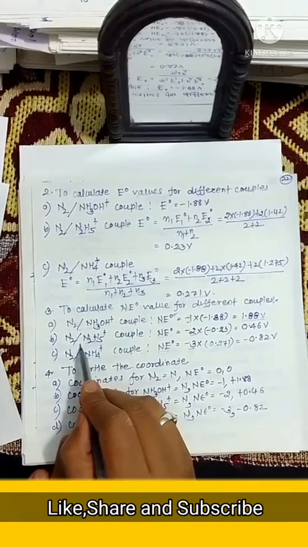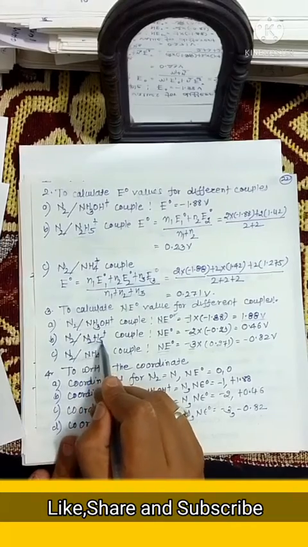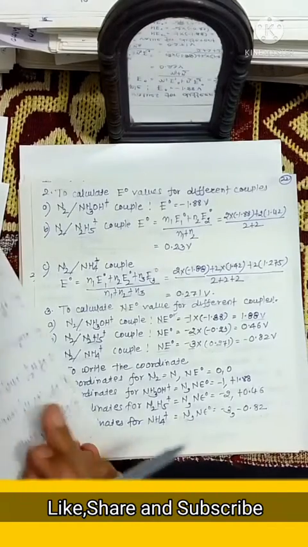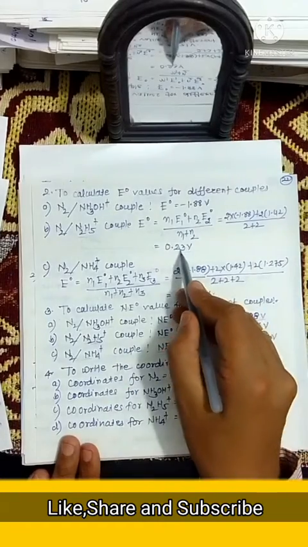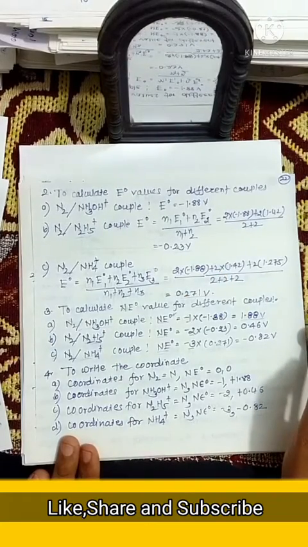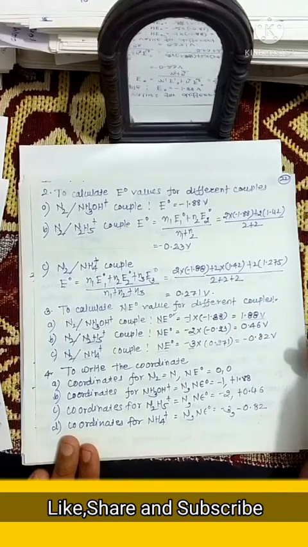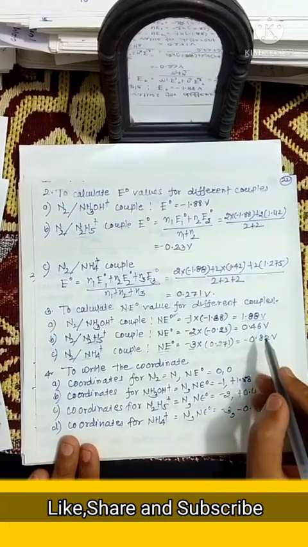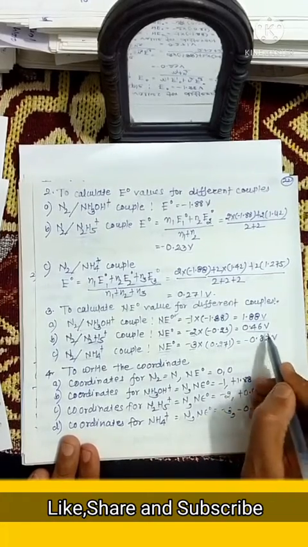Now for this couple take the oxidation state of this species, that is N2H5 plus. The oxidation state of this species is minus 2, and the E0 value for this couple is calculated as minus 0.23. Sorry, so it comes as 0.46.